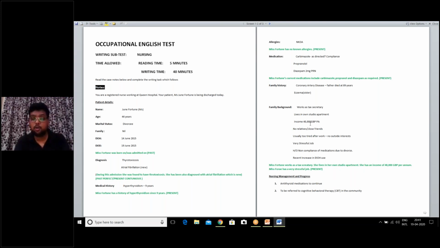She lives in her own studio apartment. She has no relatives and close friends, as mentioned in the first part of the case notes also, and she usually gets very stressed and tired after work. After the divorce, she has not been taking her medications properly. She does not comply with her recommendations.